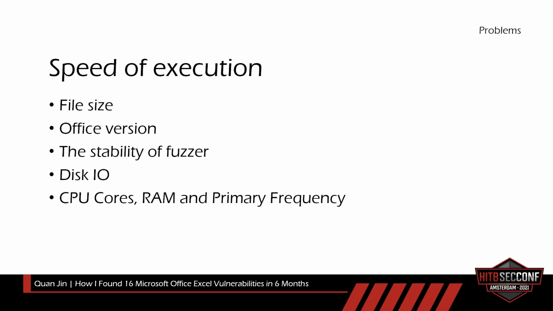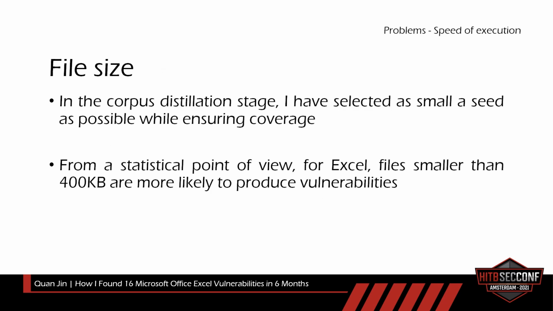File size. In the corpus distillation stage, I selected seeds as small as possible while ensuring coverage. From a statistical point of view, for Excel, files smaller than 400 KB are more likely to produce vulnerabilities.